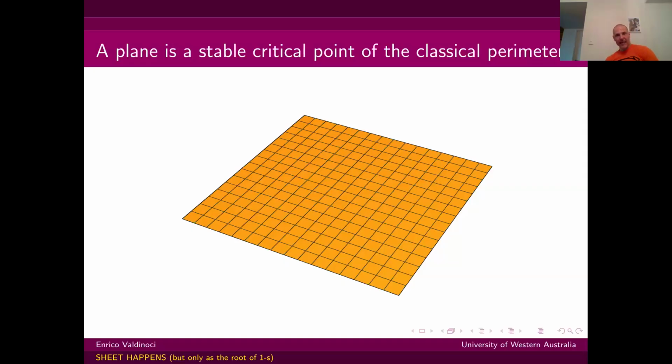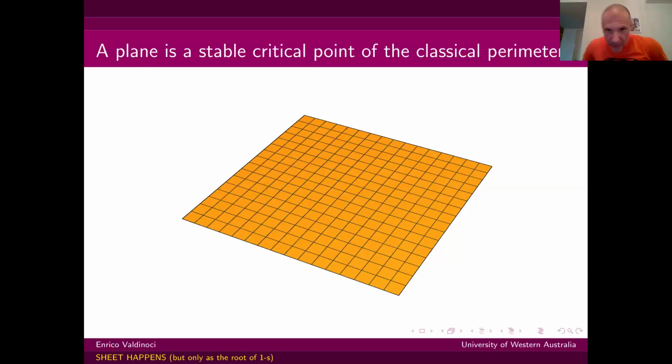But that's not the case. And the reason is, I think, purely geometric. In order to have stability of a critical point, it is sufficient to find an epsilon of room where to put perturbations that increase the functional.